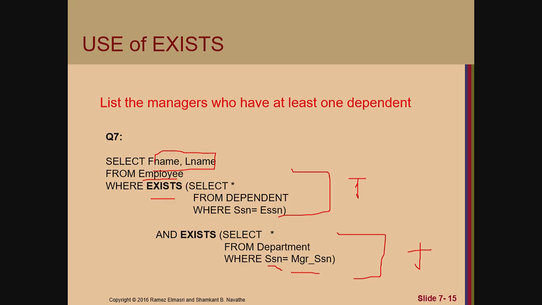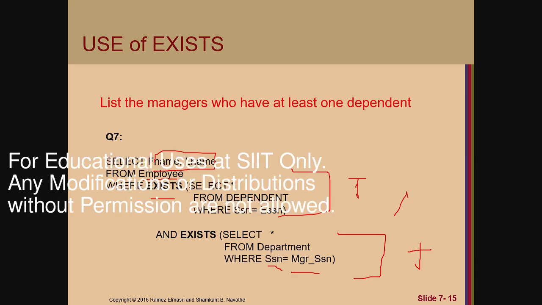If one of them is false, so false and true, or true and false, or false and false, what happens? The whole condition becomes false because we use AND, right? You have to remember the truth table.